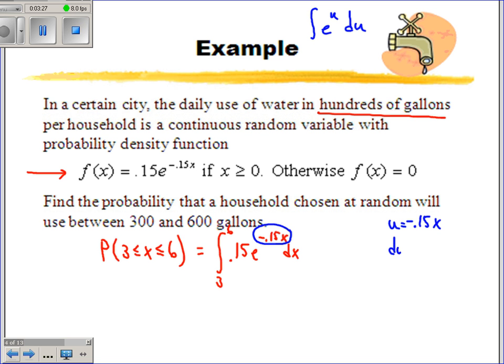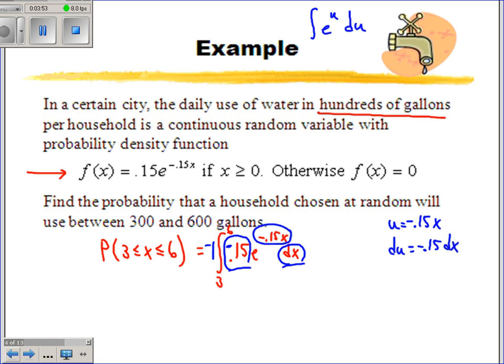The du then is going to be minus 0.15 dx. So notice that if I rearrange this, I've got my 0.15 here with my dx. So all I'm missing is a negative sign here, and then I'll have a minus 1 out here to make sure I haven't changed my problem. And so this part becomes my du.